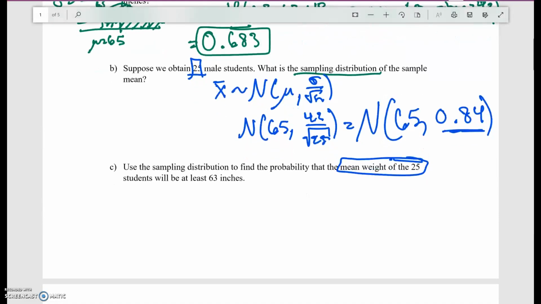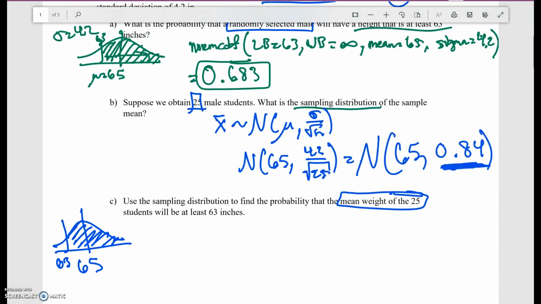The mean here is exactly the same, still 65, and we still are looking for more than 63 inches. The only difference is whatever my sigma is, because sigma is taking into account the 25 males that I'm getting.